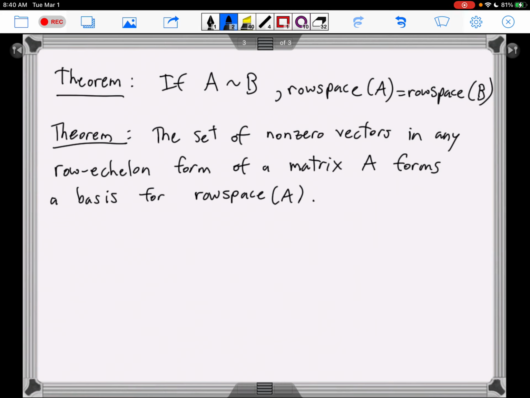So what this means is when you get your row echelon form here, whatever it is, all the ones that are non-zero, these become your basis, okay?